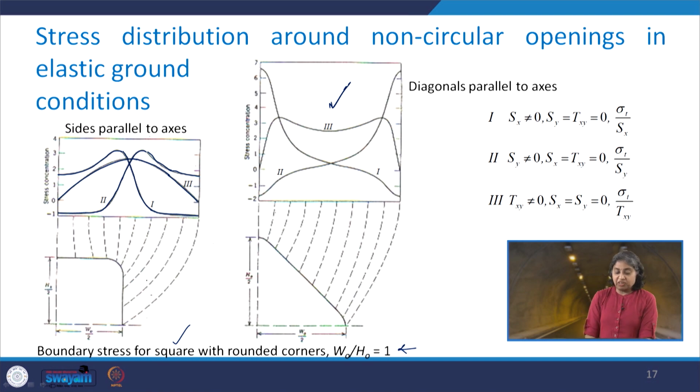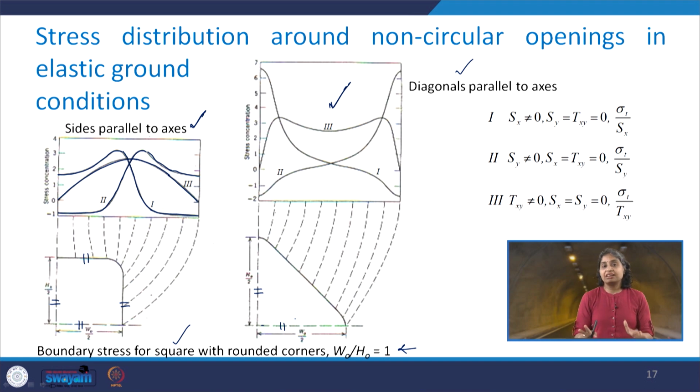The difference between the two situations is that in this case the sides are parallel to the axis, you see here, but in this case diagonals are parallel to the axis. So this is the diagonal which is merging here with the y axis, and this is another half diagonal which is merging with the x axis. So based upon how the shape is placed, accordingly you will have a different stress distribution.